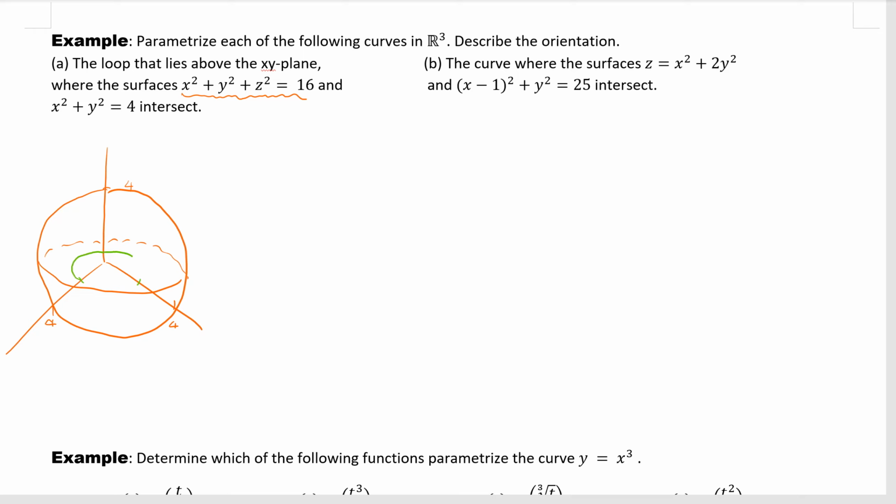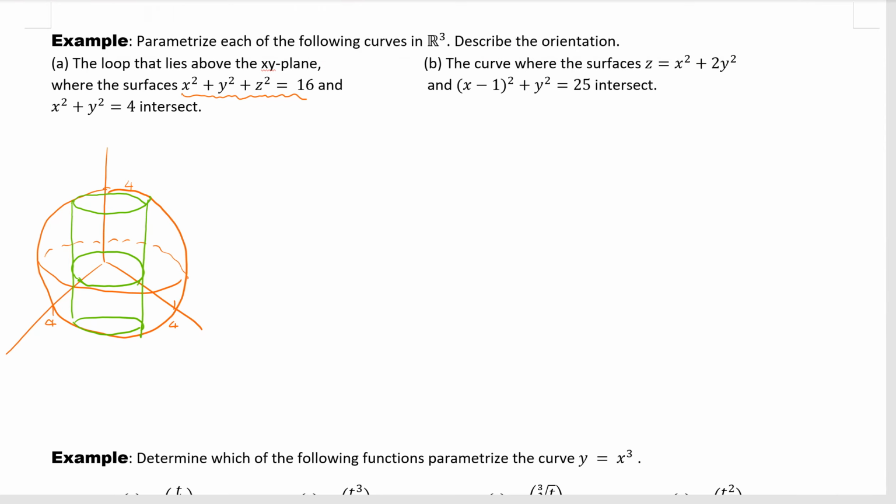But if we put this guy in space, what will it do? It becomes a cylinder because z can be anything, right? It will intersect the sphere and give us 2 circles.